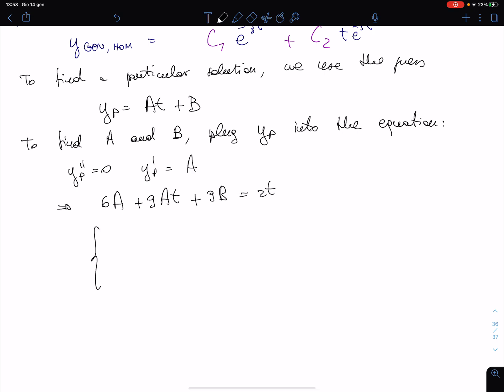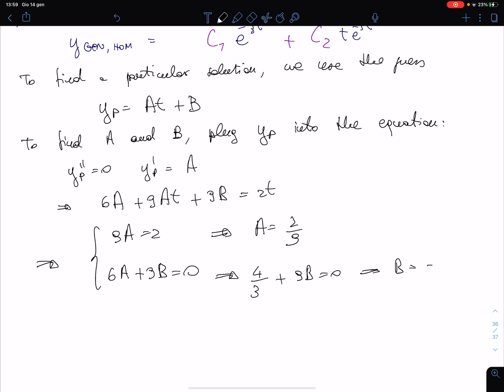So the system is 9a = 2, which are the coefficients of the first degree, and then 6a + 9b = 0. So a = 2/9, and here 12/9, which means 4/3, plus 9b = 0. So b = -4/27.